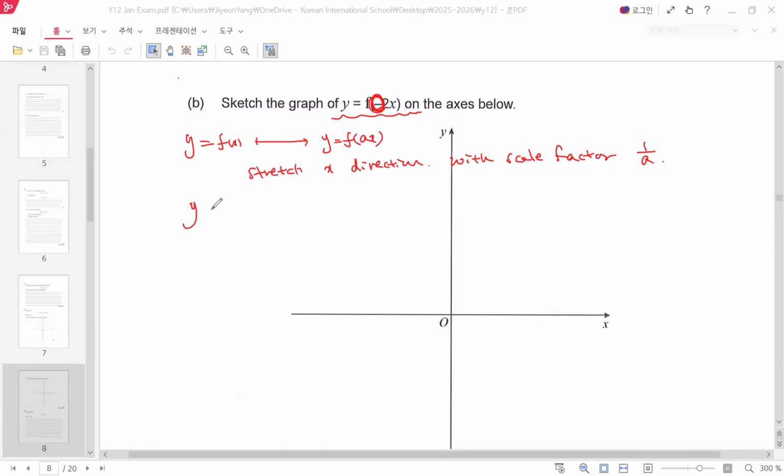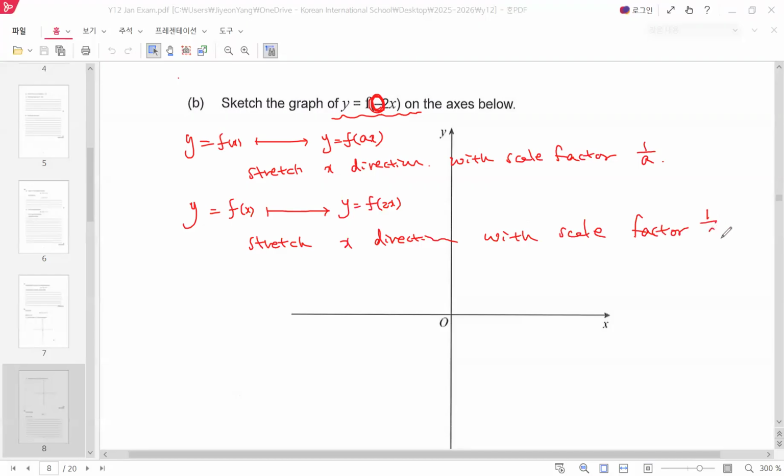So firstly, y equals f(x) is going to move to y equals f(2x). It means a stretch in the x direction, the horizontal direction, with scale factor 1 over 2.